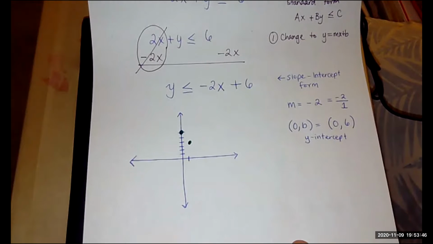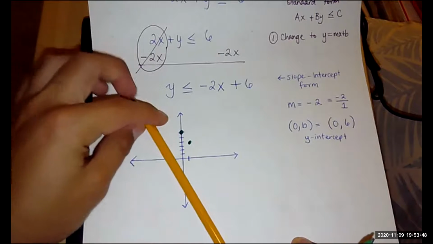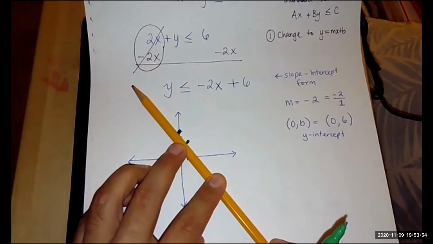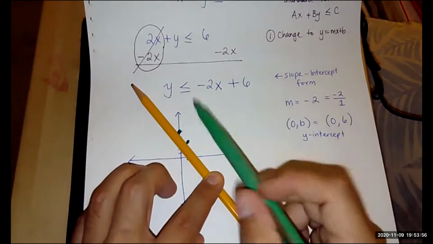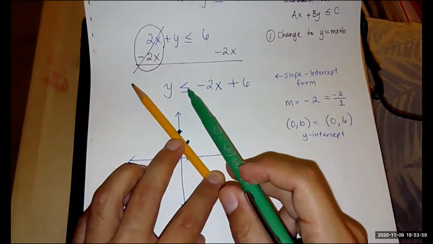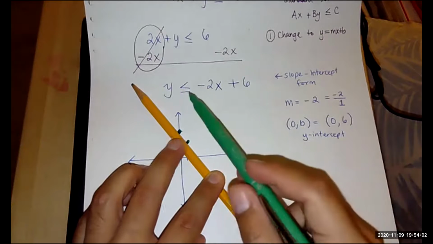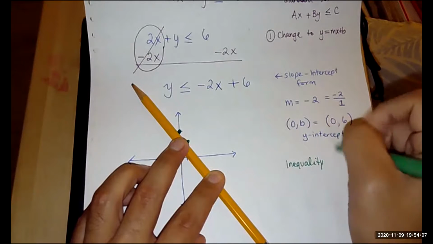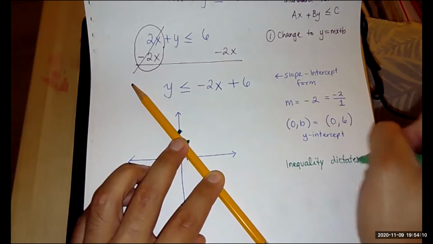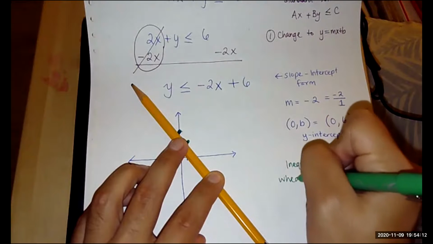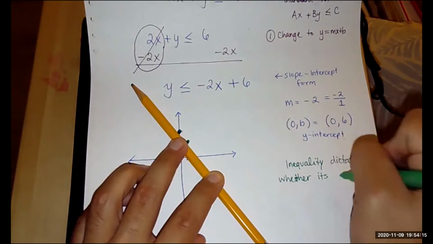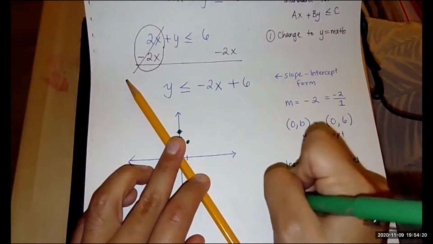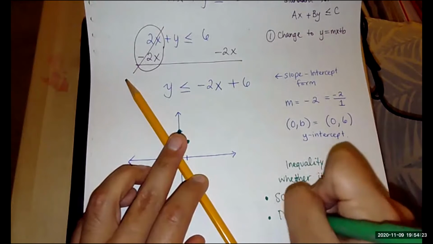And now you want to be careful, because you do not draw the line through these 2 points the same way that we did for an equation. Because this is an inequality, the inequality will dictate whether it's going to be a solid line or a dashed line.